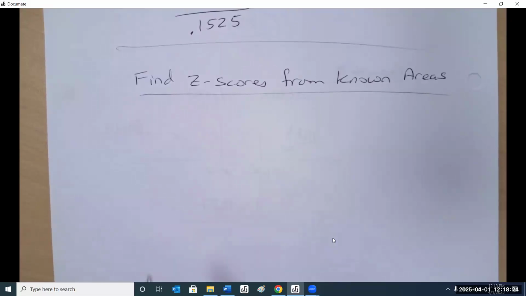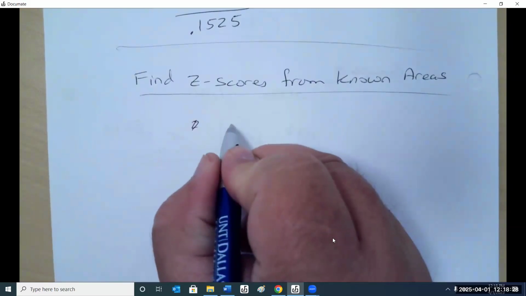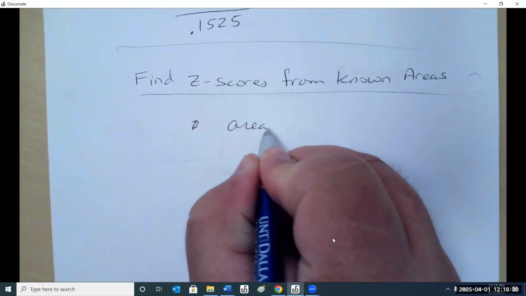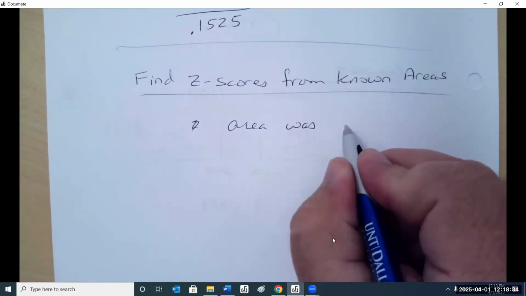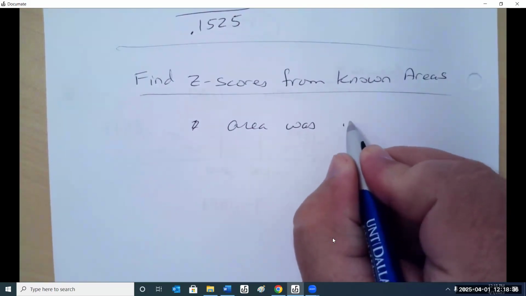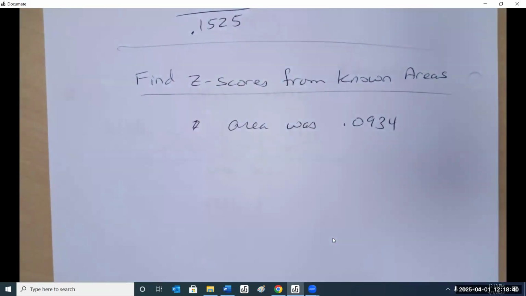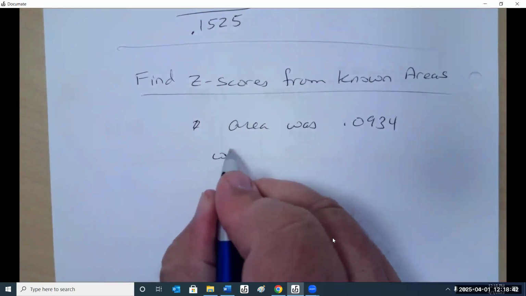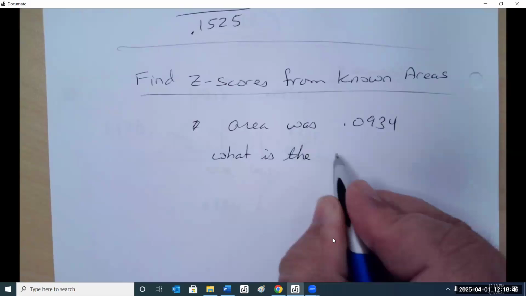So for example, if I said the area was 0.0934, what is the z-score?